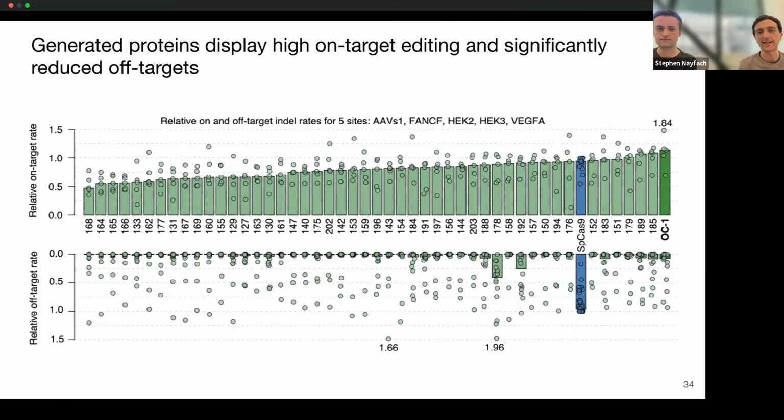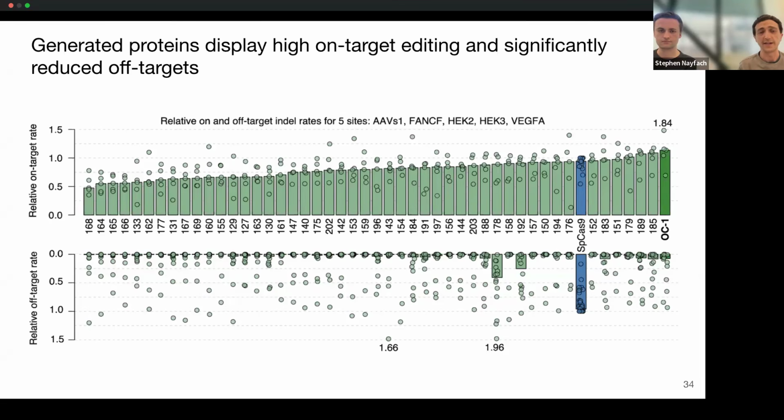Going back to the experimental overview that I shared previously, in this figure each bar is a different protein. The green bars are each of 48 proteins that showed some level of activity in the first experiment that we shared, so these generated proteins we knew were going to be active, and the blue bar is SP-Cas9.